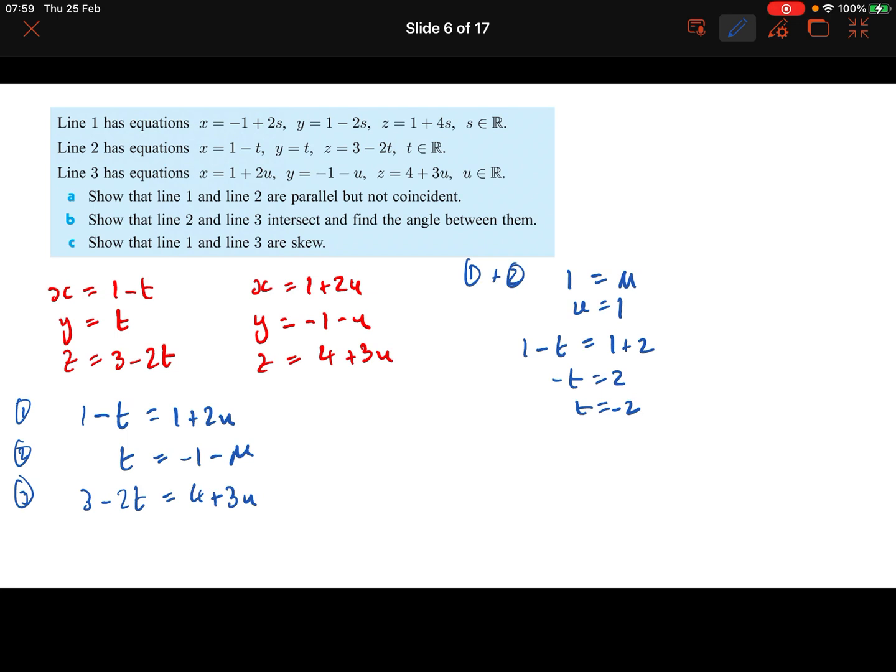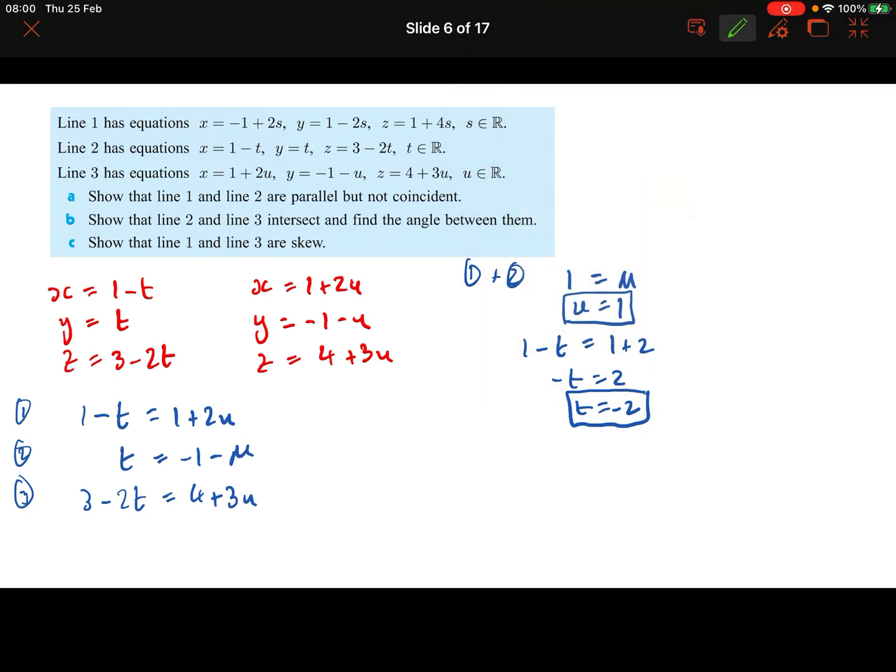Now if there is a unique point at which they meet, then these values of u and t will also satisfy equation 3. If they satisfy equation 3, they meet at a unique point. If they don't satisfy equation 3, then they do not meet at a unique point, and therefore they're either parallel or skew. Okay, so bear that in mind for when we do part C.